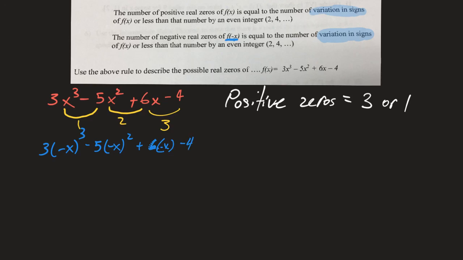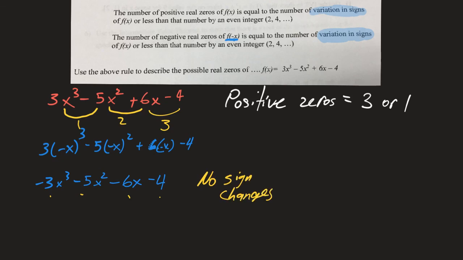So here we go. This one's going to stay negative, and this one's sign actually cancels out, so it just stays the same. Minus 6x minus 4. You'll notice, guys, odd powers keep signs, even powers go away, so it only changes the odd exponent terms. And what you'll notice is there are all negative terms, so there are no sign changes here.